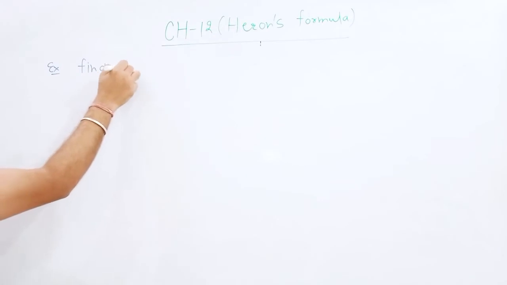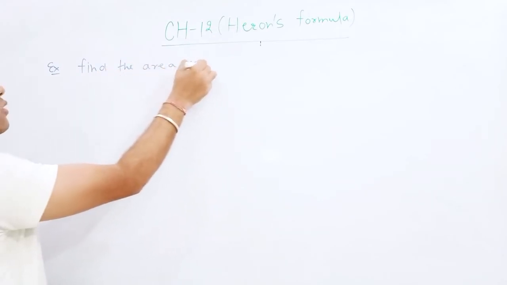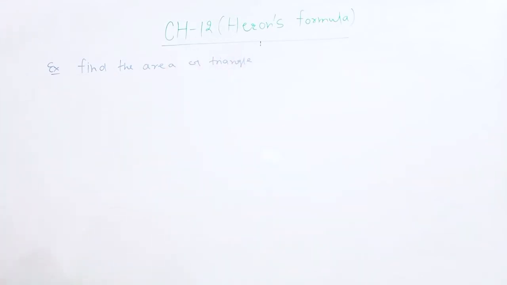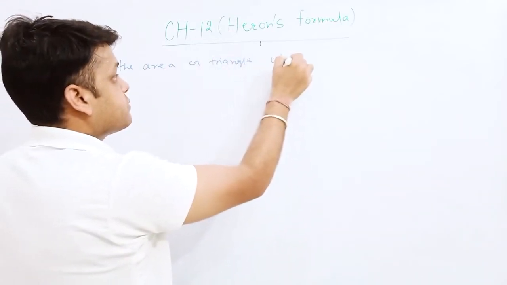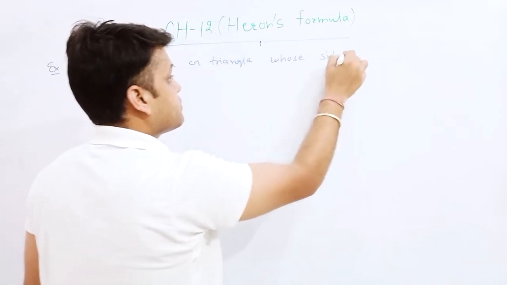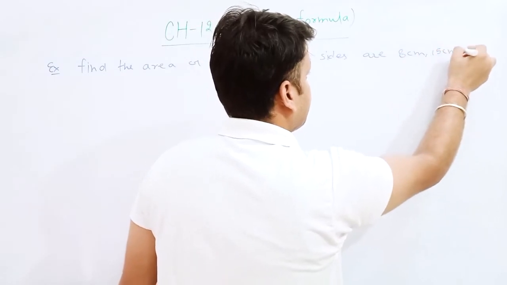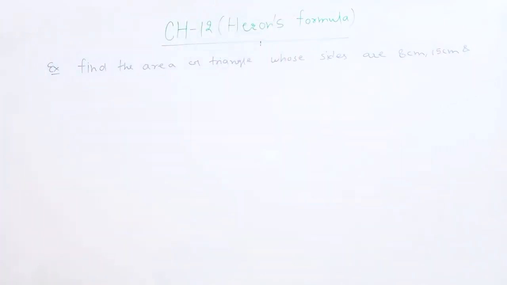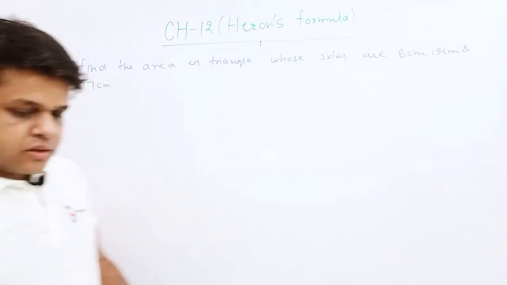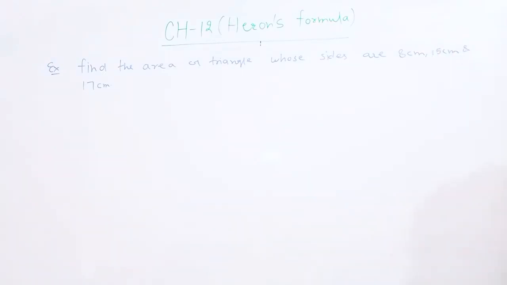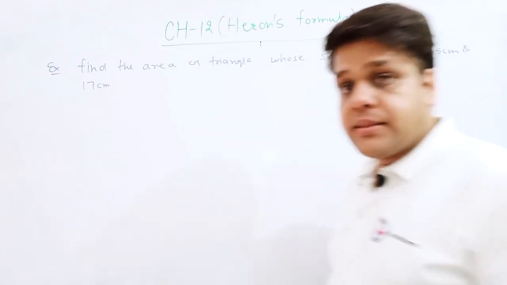Find the area of triangle whose sides are 8 centimeter, 15 centimeter and 17 centimeter. So now in this question all the three sides are given and we want to find its area.